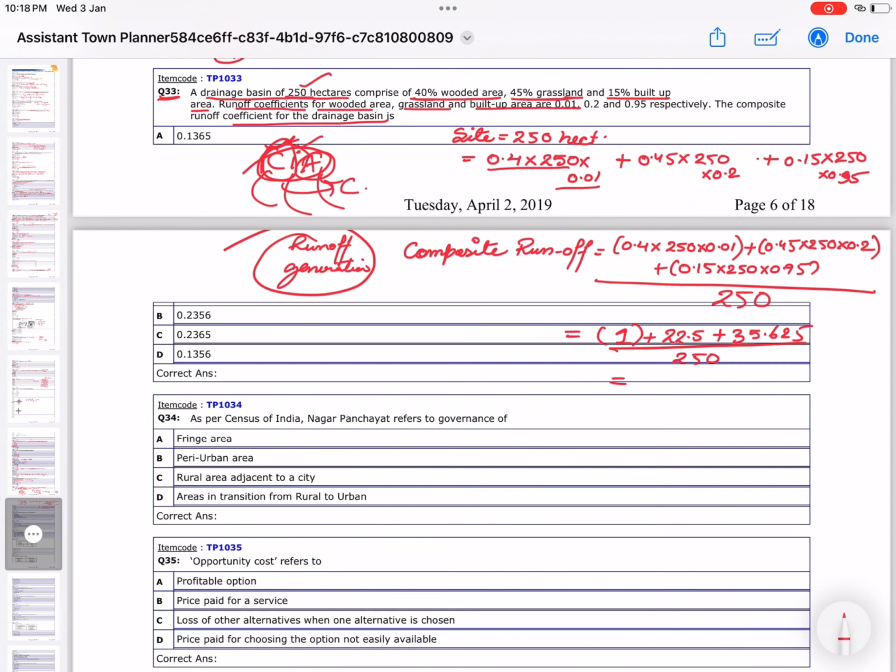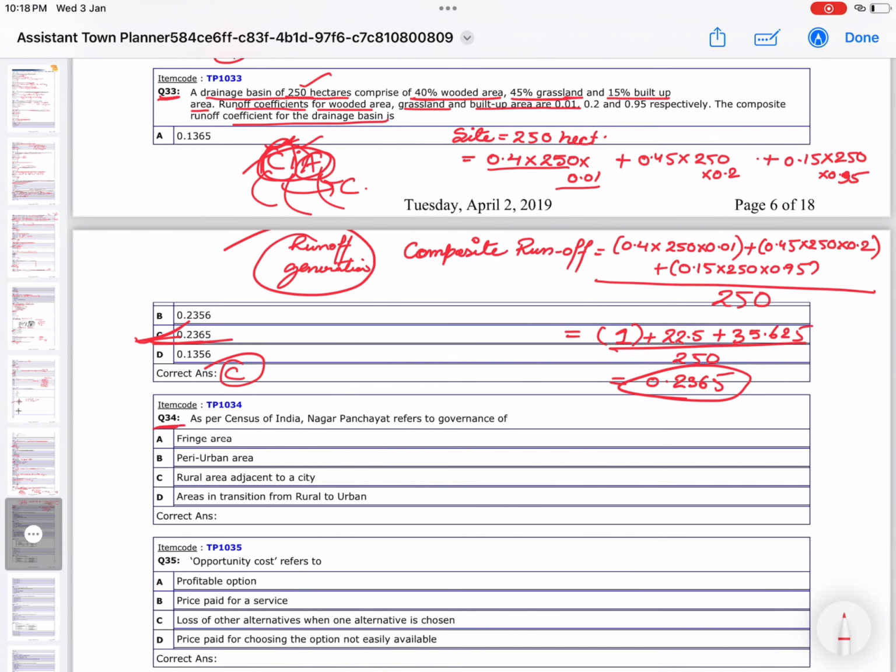That gives 1 plus 22.5 plus 35.625 divided by 250. So the answer comes to 0.2365. You can also calculate it and practice it. So the answer is C.